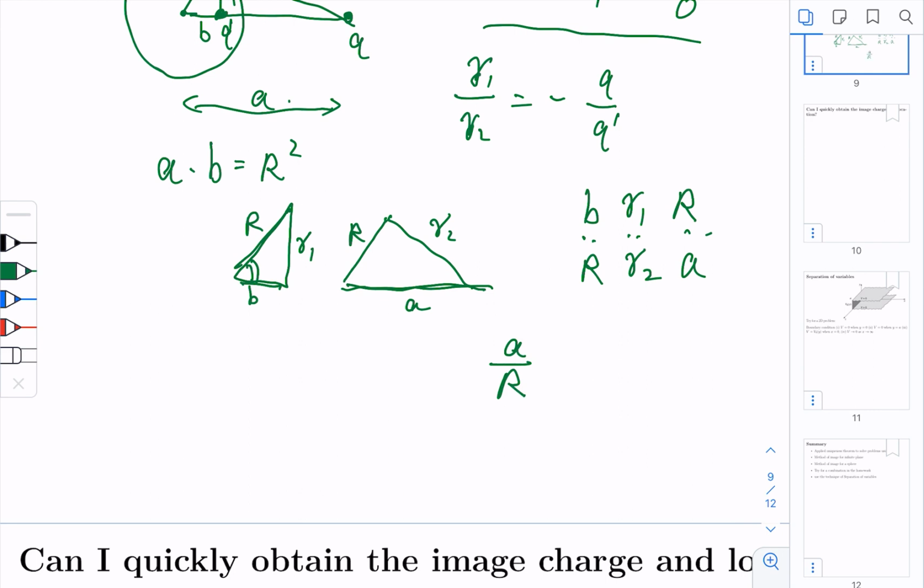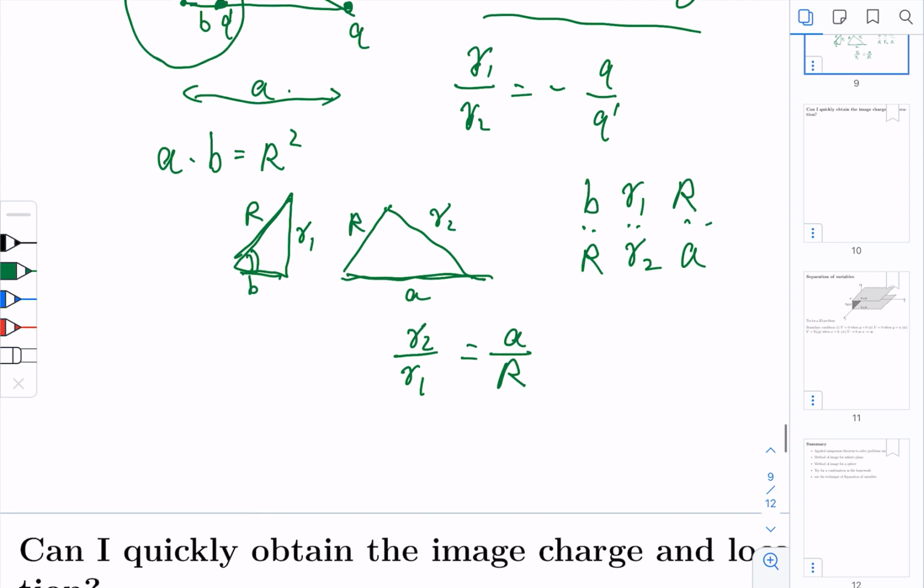So gamma 2 over gamma 1 is A over R. So if this is A over R, then automatically R over B is also A over R, and that is guaranteed by AB equals R squared. So this is already satisfied.